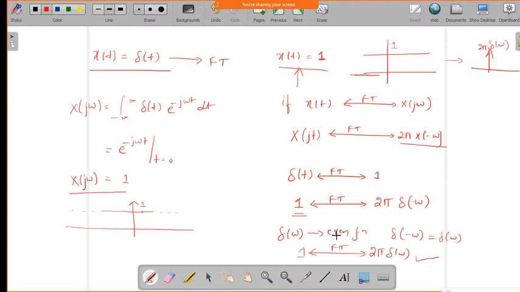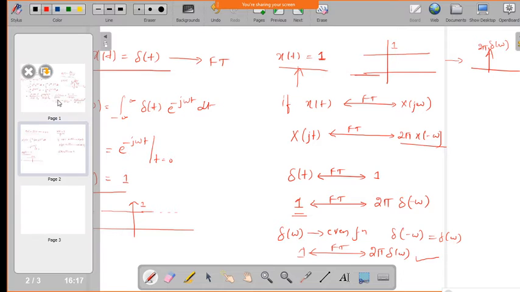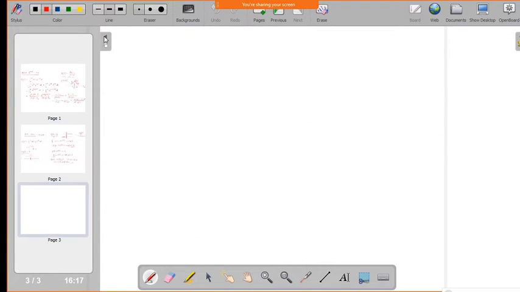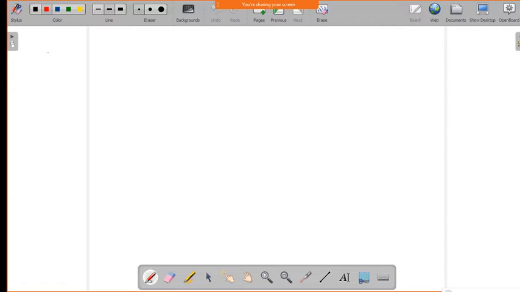Now try to find the Fourier transform of the signum function. We can write the signum function x of t equal to signum of t, which is equal to 1 for t greater than 0 and minus 1 for t less than 0.